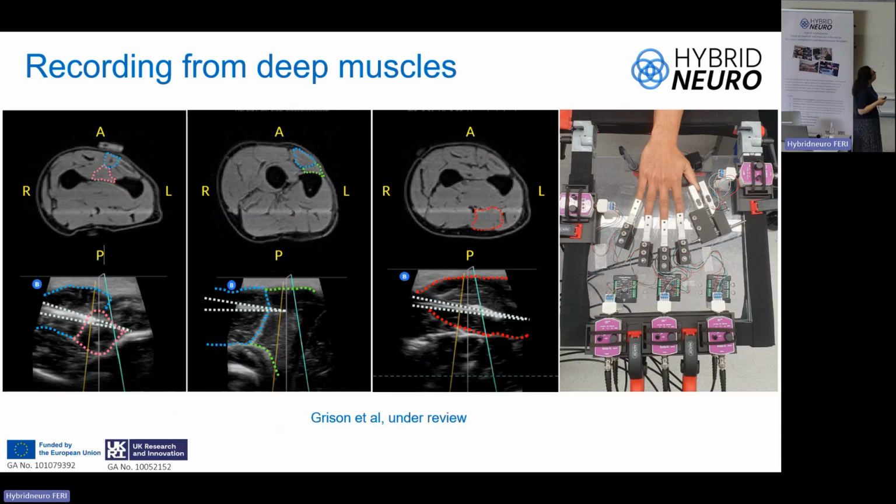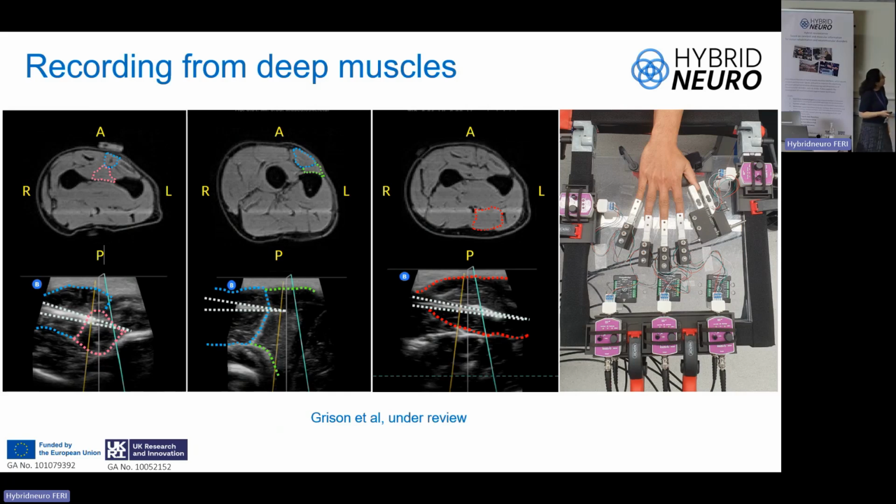You can see here the target, and this is an ultrasound image where you can actually see the tip of the needle while entering the muscle. As I mentioned before, this is just during the insertion. Then once the wire is within the muscle and you remove the needle, you won't be able to see the wire via ultrasound because it's very, very thin.